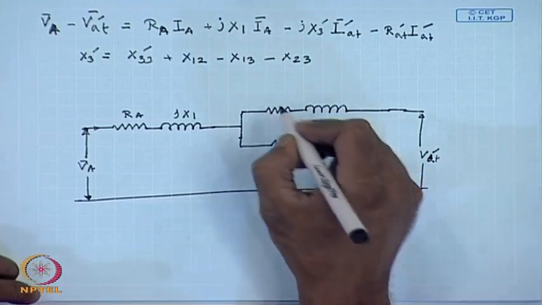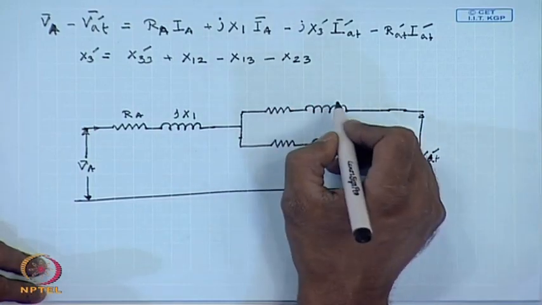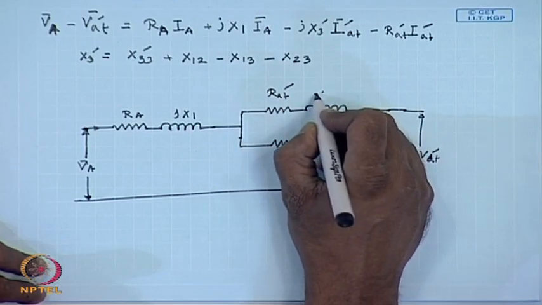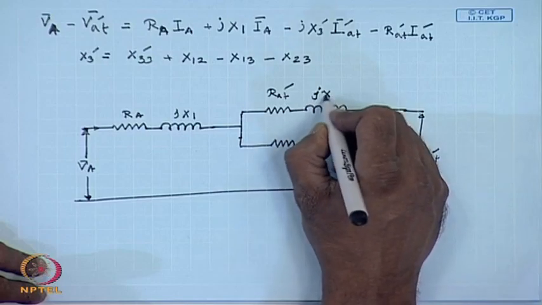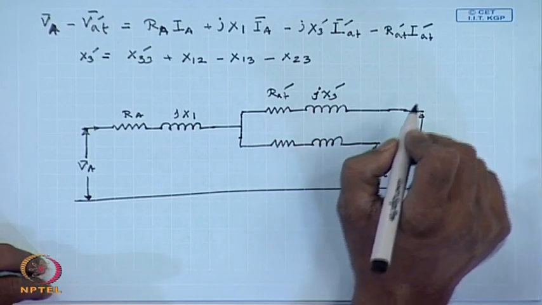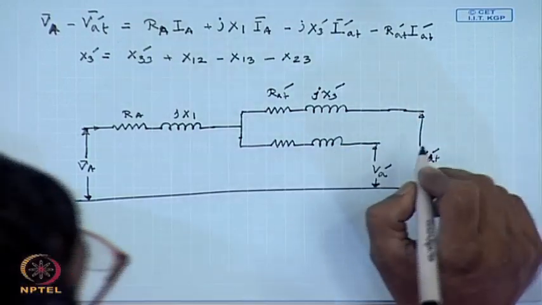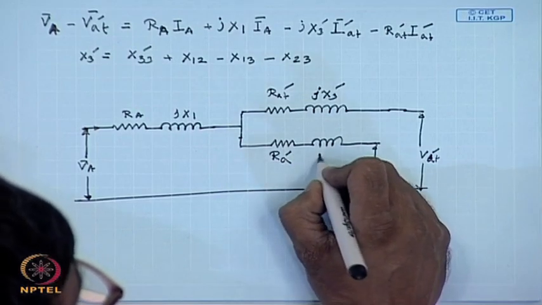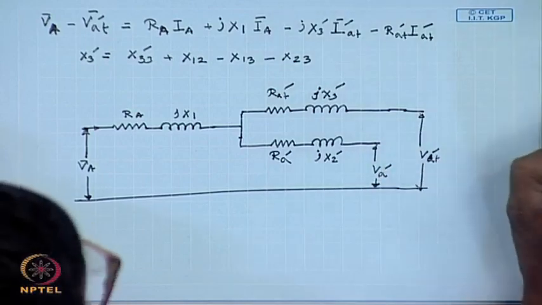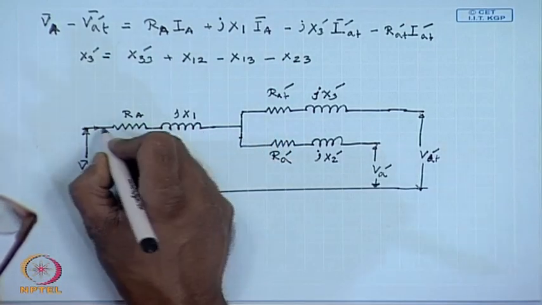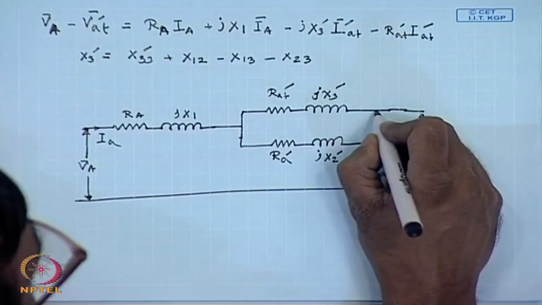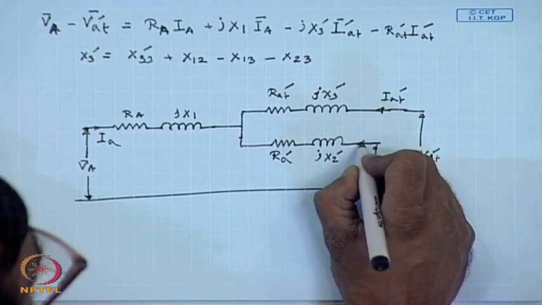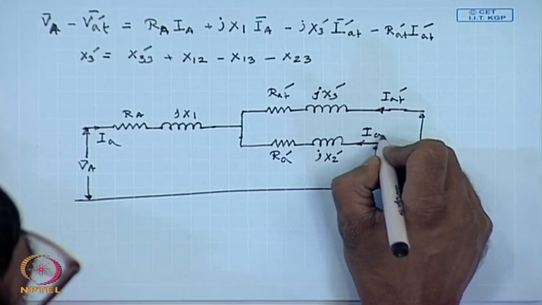Hence, this impedance is R A T dash, this is j x 3 dash, this is R A dash, this is j x 2 dash. Current flowing into this circuit is I A, current flowing into this circuit is I A T dash, and the current flowing into this circuit is I A dash.